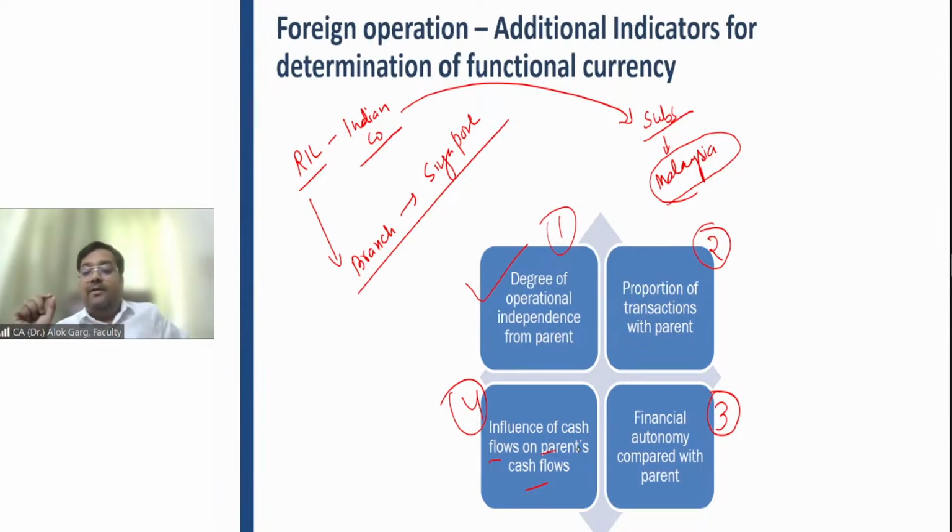If the branch has a different functional currency, then when you consolidate, when you merge the results of your foreign operations, the translation rule will be applicable. And the translation rule for translating results or financial statements from one currency to a different currency is different, right, in comparison to the rule for recording a foreign currency transaction.